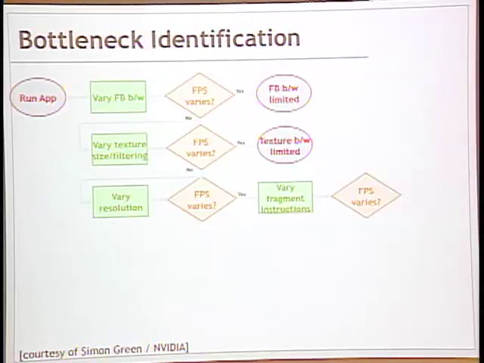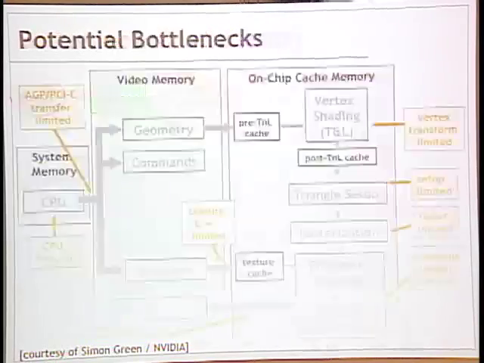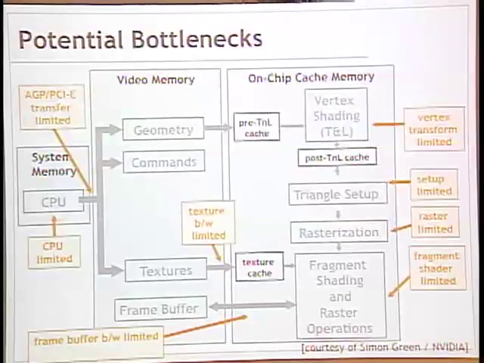So what could it be? There's a couple things we talked about when we looked at the bottlenecks. What could it be if we vary the resolution and the frames per second varies? Where could the bottlenecks be? Raster operations.